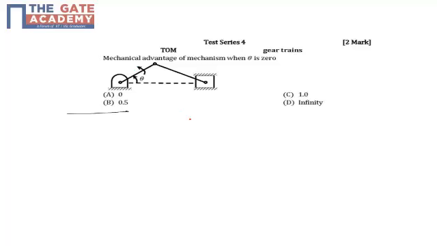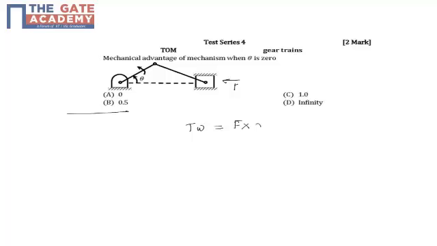So I'm going by just the power equivalence. The input power is T into omega, torque times the angular speed. Here obviously you will have some kind of a force, because you are applying torque, so there will be some kind of a force here, which you can say is the load.